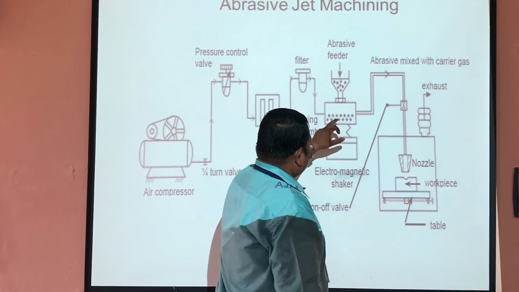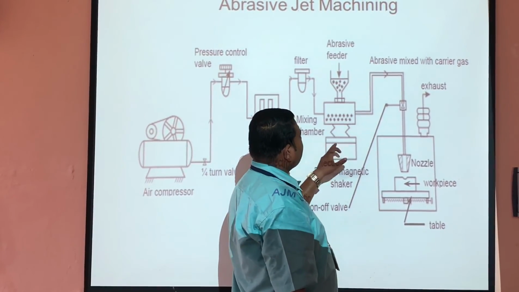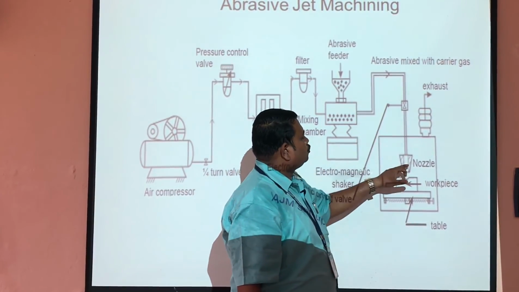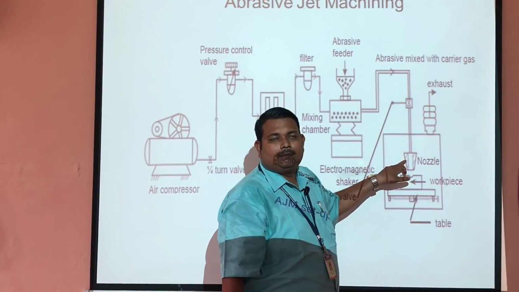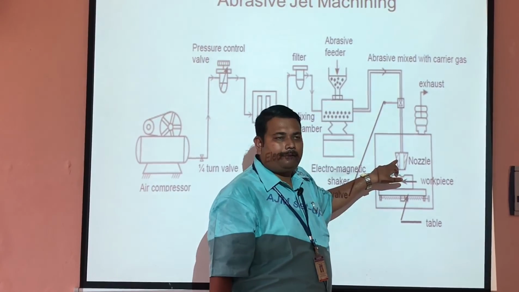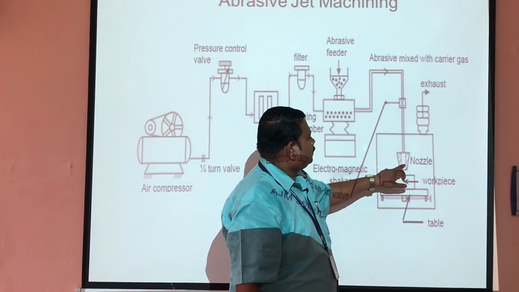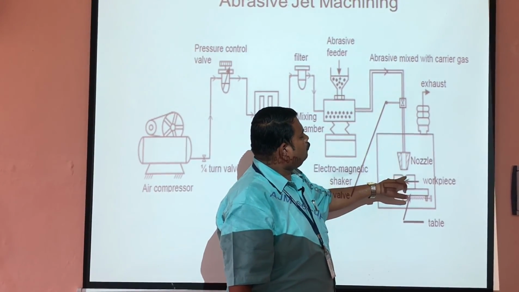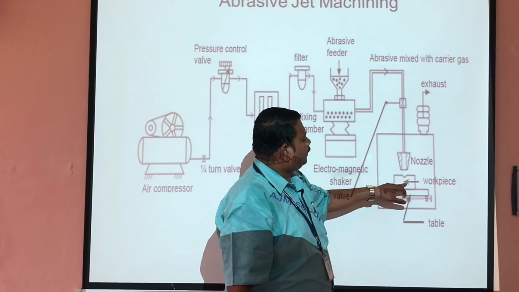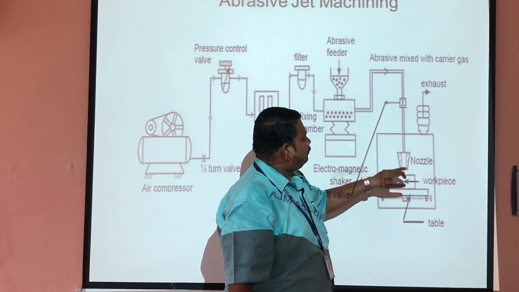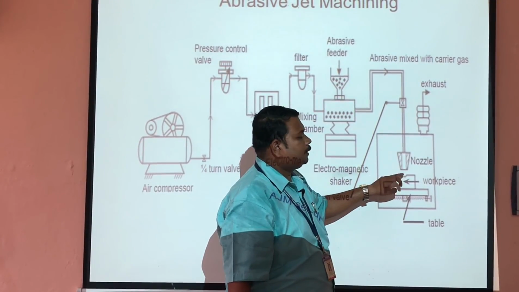After that, from the mixing chamber, the air goes through the nozzle, which is made of a very hard material, tungsten carbide or sapphire. Through this nozzle the abrasive powder flows and impinges on the given workpiece, where due to the impingement of the abrasive particles, metal removal takes place.